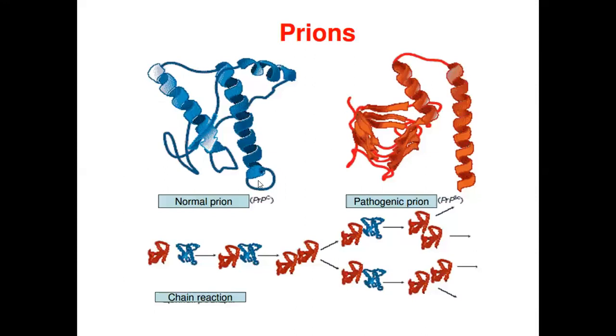Here we can see normal prion and pathogenic prion. So the pathogenic prion is an abnormal form of the protein, and then they can change normal proteins into the form of prions. So this is a chain reaction.